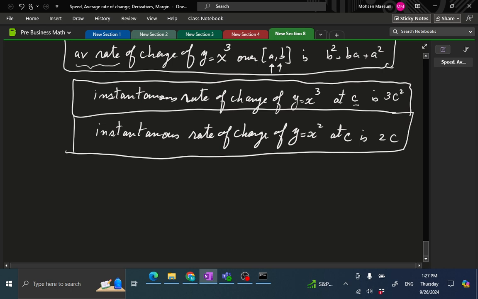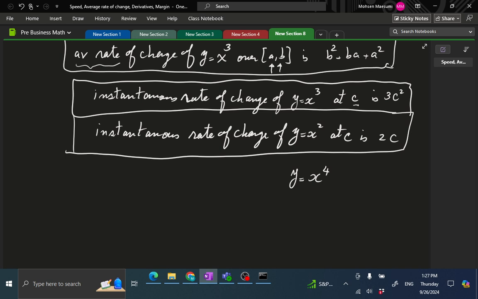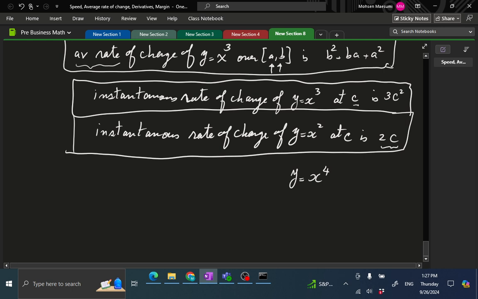Now, can you guess for me what will happen if I have y equal to x to the power of 4? Do you see a pattern here? This is power 2. Perhaps you want to pause this for a second and find it for yourself. What do you think the answer is going to be if I start with x to the 4th?